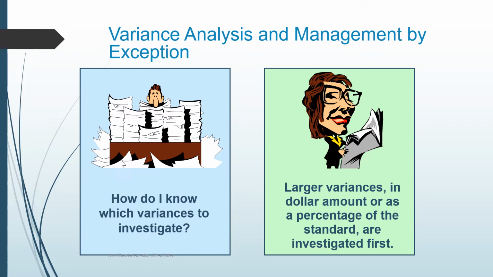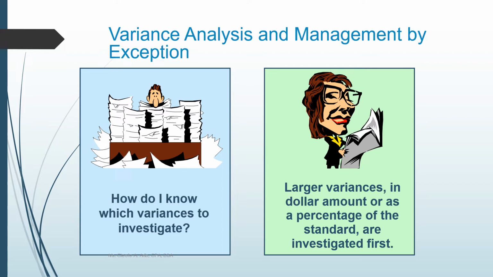So the question now is, how do you know which variances to investigate? As a guide, it says here that larger variances, either in dollar amount or as a percentage of the standard, are investigated first. Whether the variance is favorable or unfavorable is not stated.